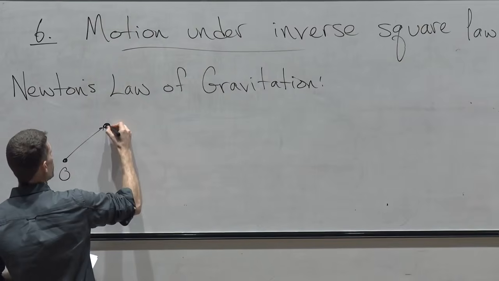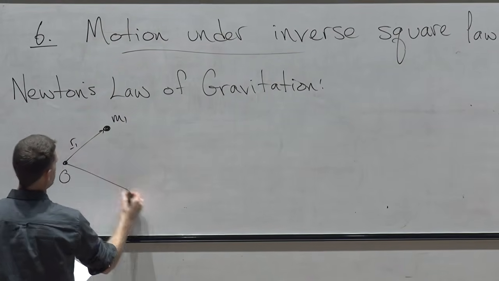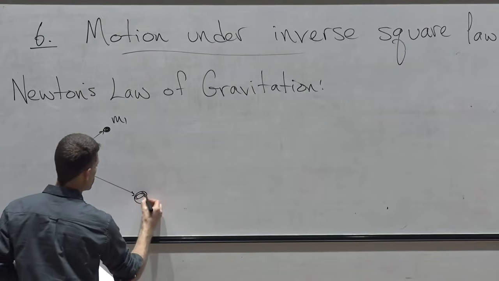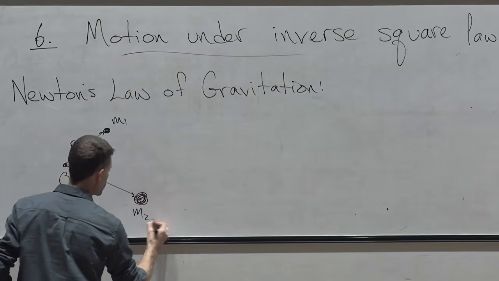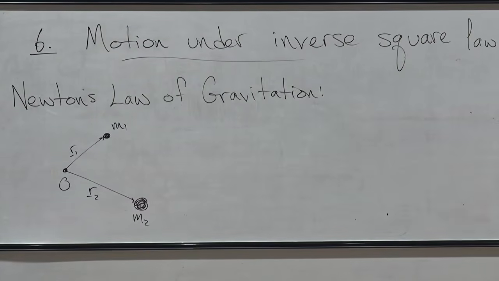I'm going to put a mass, I'll call it mass 1, there at position vector r1, and another mass here, called mass 2 at position vector r2.